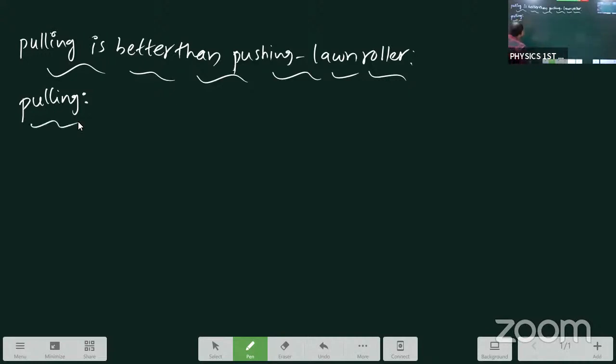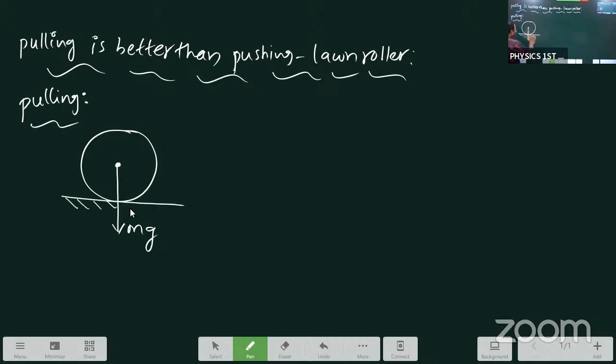One more case, pushing. This is the diagram, lawn roller wheel. mg is weight, nothing but gravitational pull, mg downwards. Normal reaction upwards.